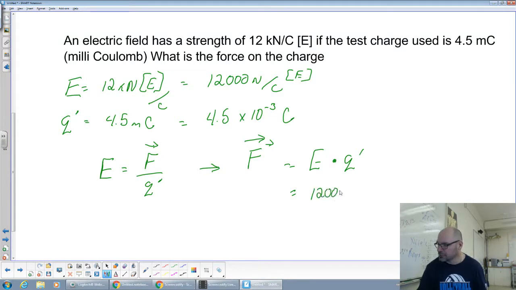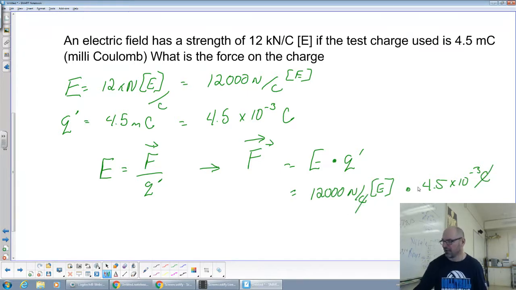12,000 newtons per coulomb east times 4.5 times 10 to the negative 3 coulombs.